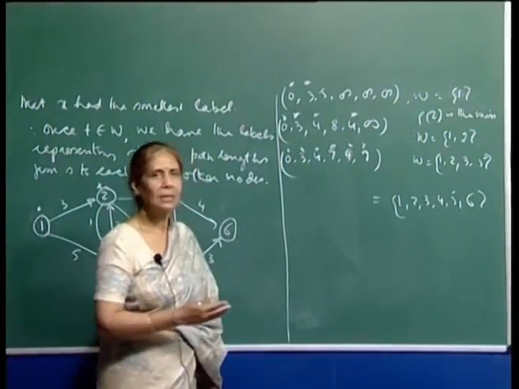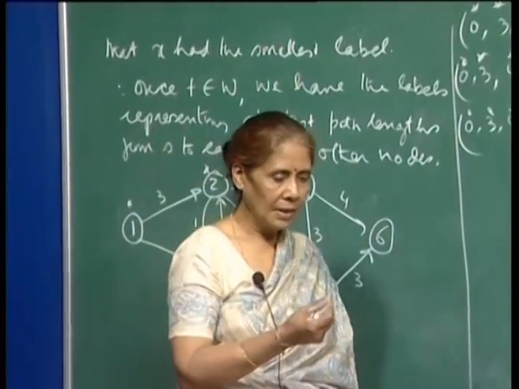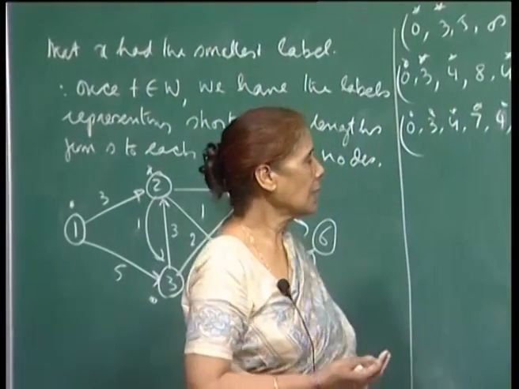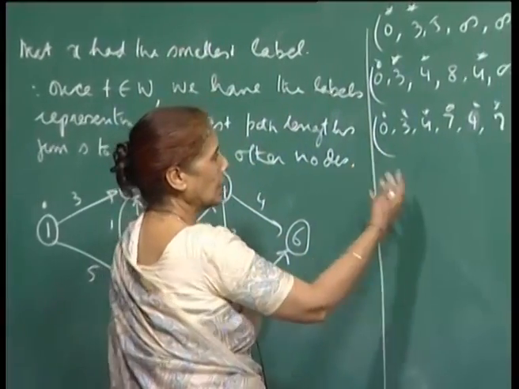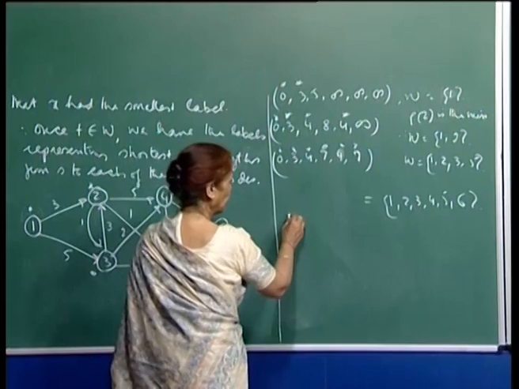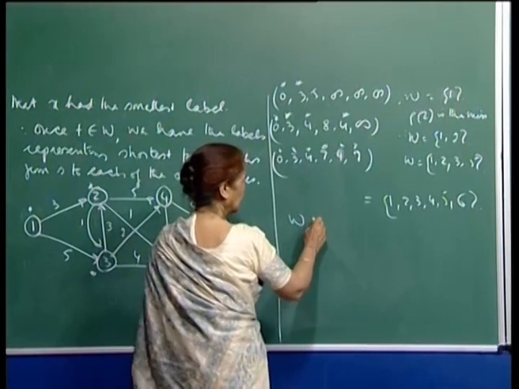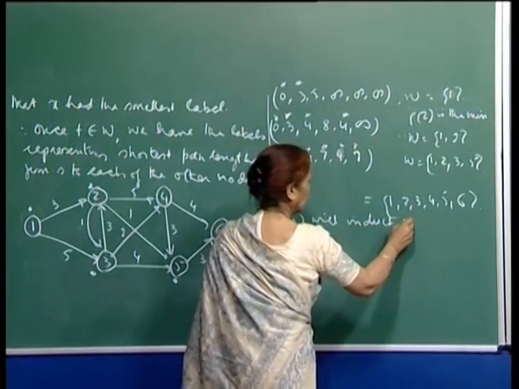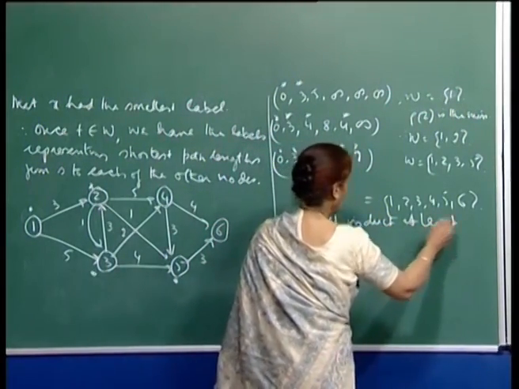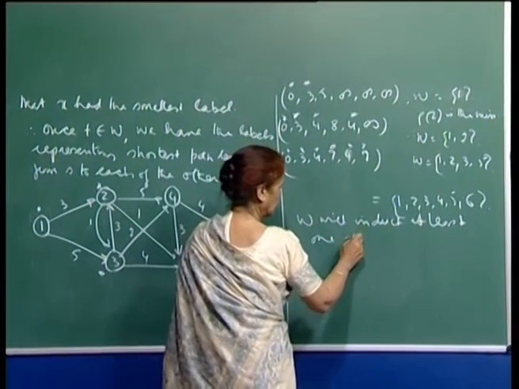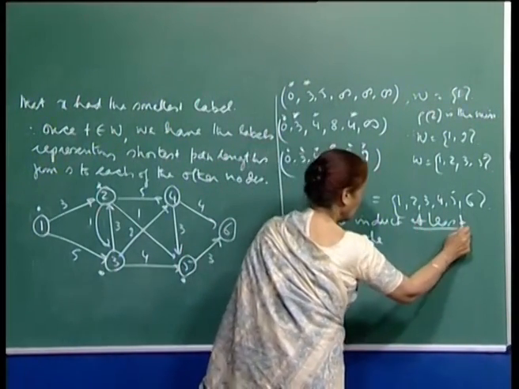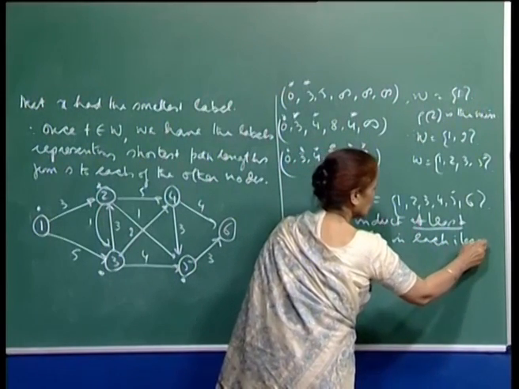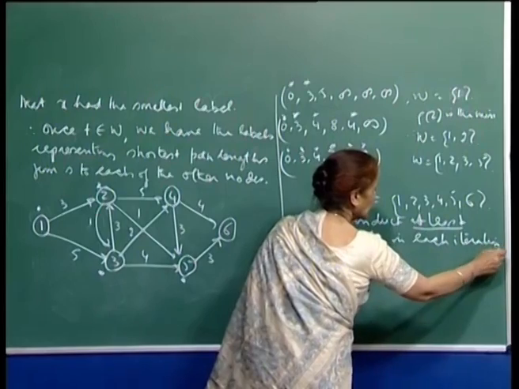So, what is happening is, and now let me just introduce the concept of complexity of an algorithm, which I have not so far talked about. But you see here what is happening. Your size of W will induct at least one node in each iteration, right.